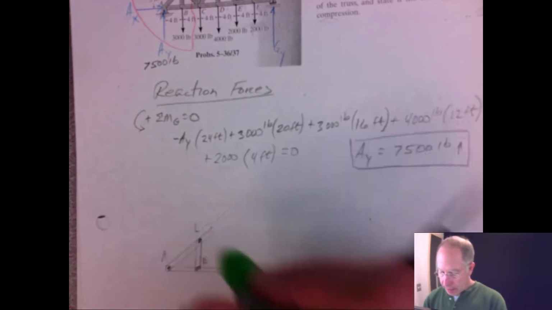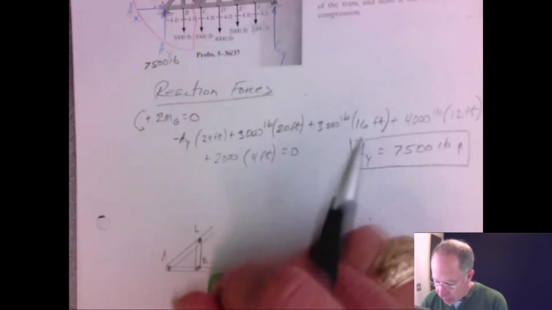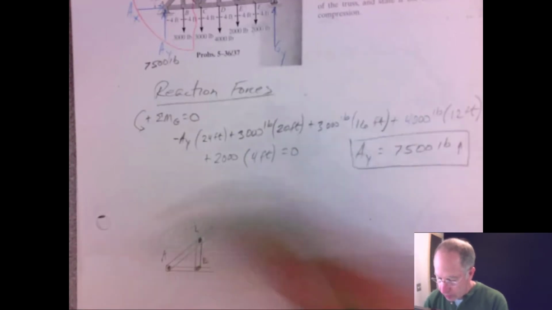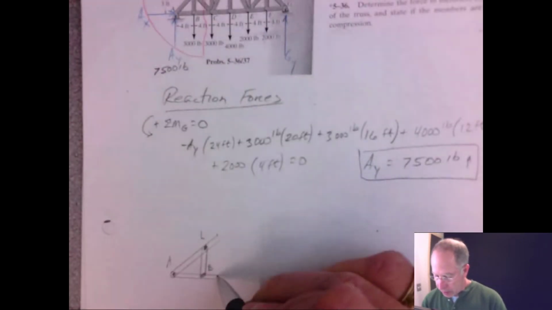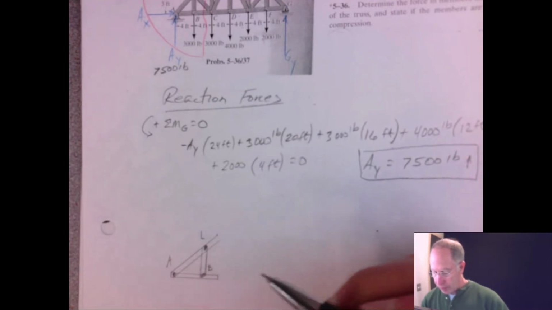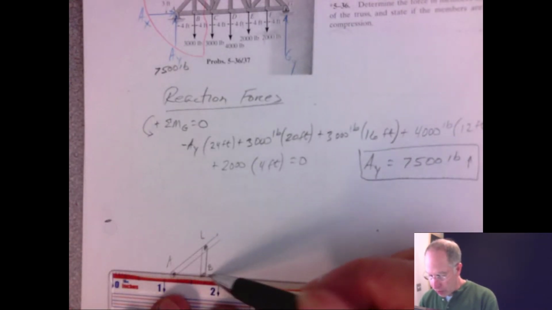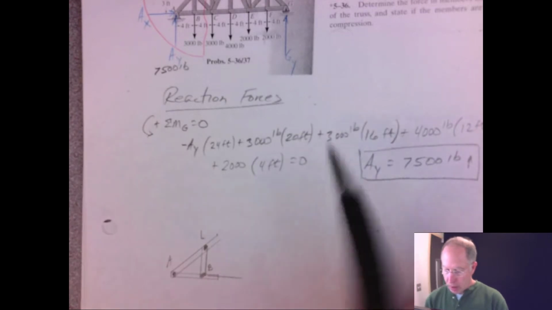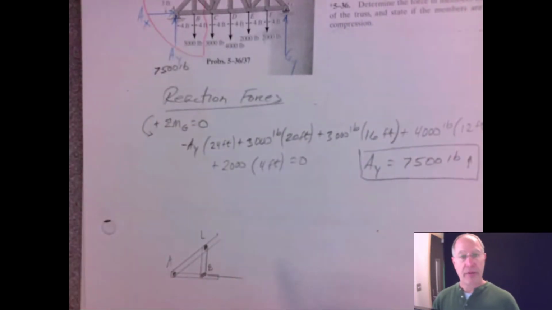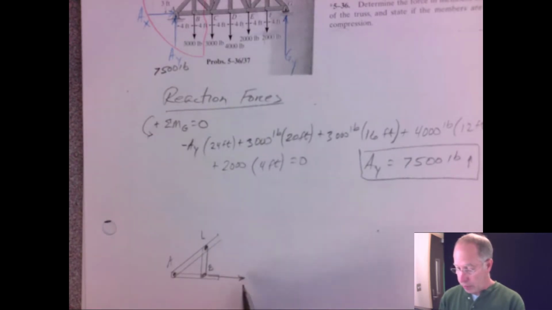And then on this B, section BC, we cut it. So we basically cut through there, and we can replace that member with the force that acts through that member. And we don't know if it's compression or tension, so let's just assume that it's in tension and give it a name, force BC.